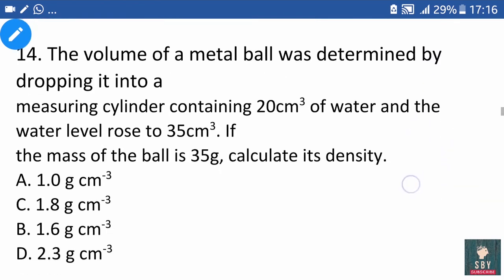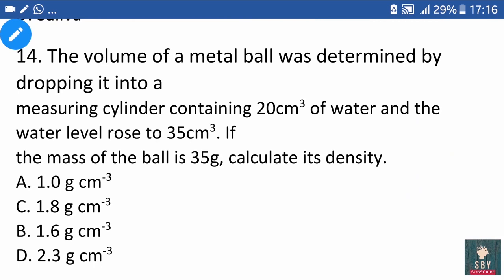Question 14. The volume of a metal ball was determined by dropping it into a measuring cylinder containing 20 cm³ of water, and the level of water rose to 35 cm³. If the mass of the ball is 35 grams, calculate its density. Now, for you to get the density of a substance, you need to know the mass and the volume as well. Over here, you were given the mass to be 35 grams. And then the volume was also given, 20 cm³ and 35 cm³.